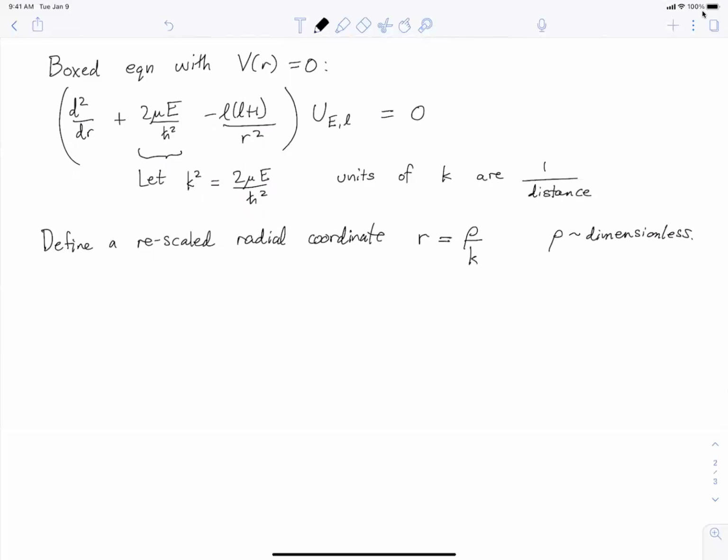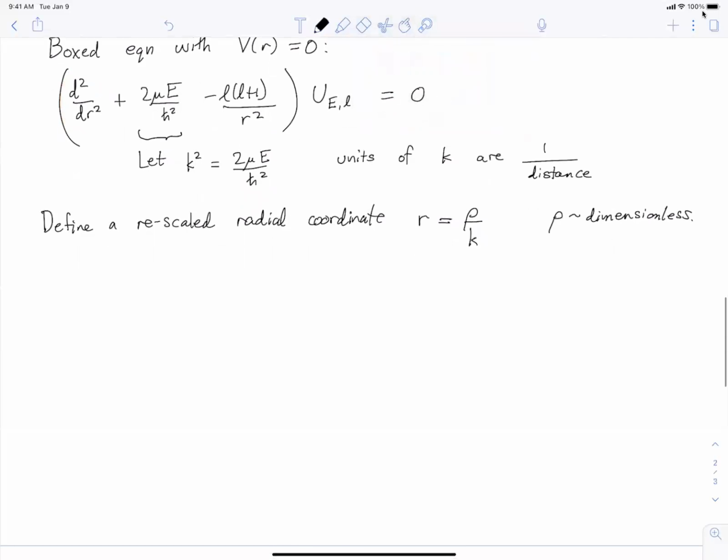So first of all, when we do this, we're going to have to deal with derivatives with respect to r, and that should have been a second derivative. Okay, and so let's figure out how that works. A first derivative with respect to r is k times d by d rho. And a second derivative with respect to r is therefore k squared times the second derivative with respect to rho.